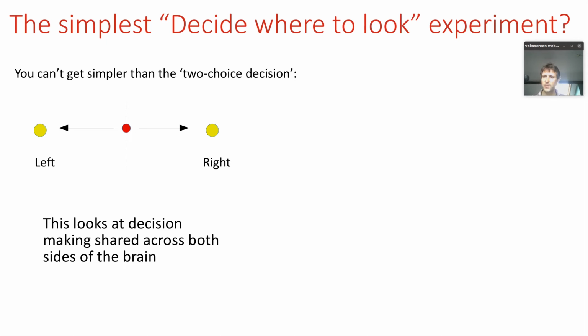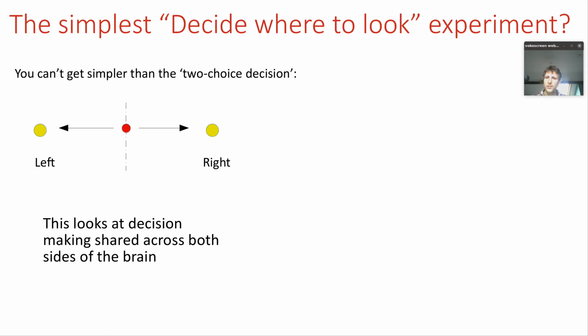In this case, you start off looking at a fixation point, this red dot, and you are then given choices of moving left or right. Maybe luminances in the field, maybe shapes of different types. Maybe you have to decide which shape to saccade to. Maybe you have to decide based on colour or based on brightness.